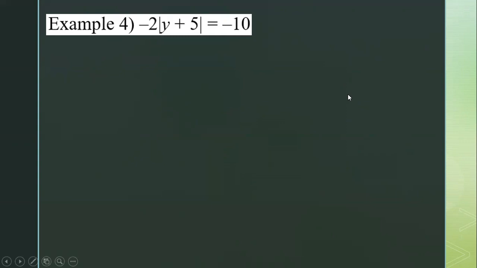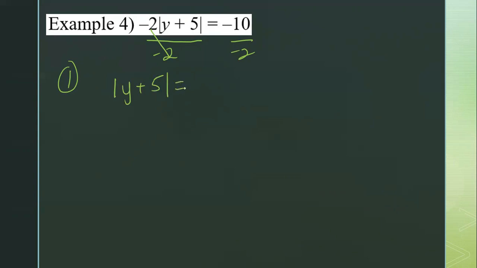All right, step number 4. So notice here now, is the absolute value by itself? No. So step 1, I actually have to get the absolute value by itself. Instead of multiplying by negative 2, what do I need to do? Divide. So I'm going to divide both sides by negative 2. That leaves me with the absolute value of y plus 5 equals, and what's negative 10 divided by negative 2?